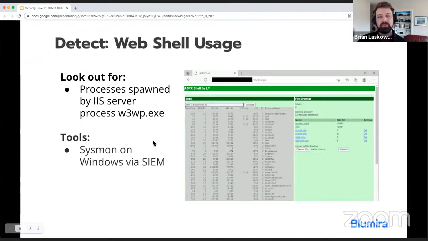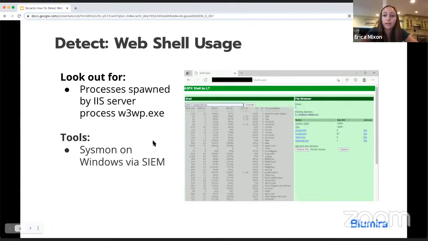So what we can look for is when w3wp tries to issue a new child process to cmd or PowerShell, something that you generally should not be seeing your web server doing. If you are seeing it, that's one of those key triggers to let you know something abnormal is happening here, and we should investigate.